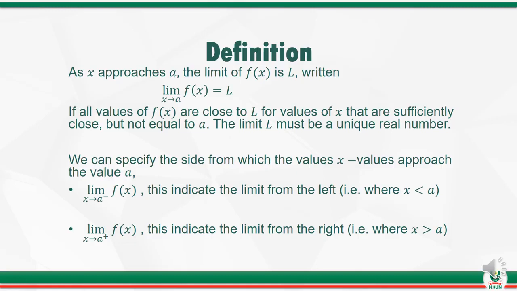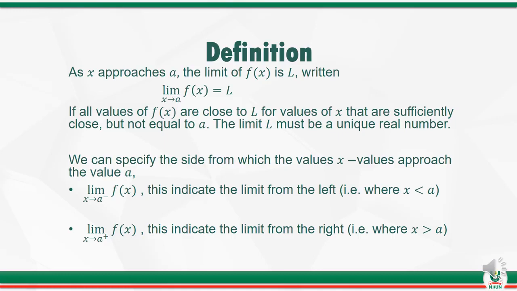L. If the values of f of x are close to L for values of x that are sufficiently close to a but not equal to a, it is important to know the word not equal to a. x is approaching a, not equal to a. The limit L must be a unique real number.